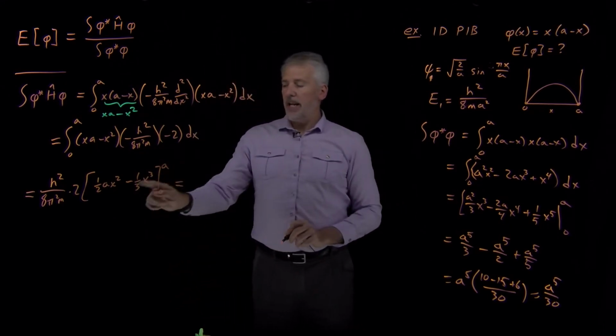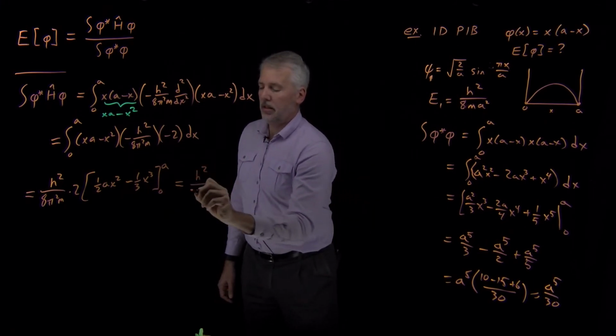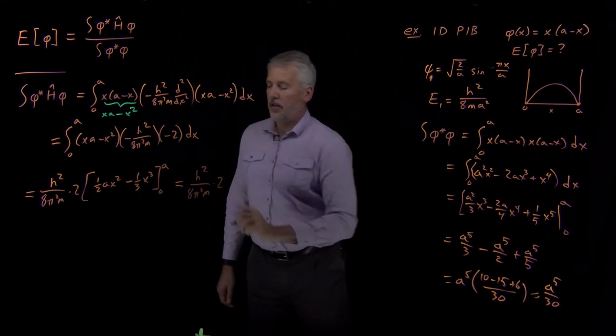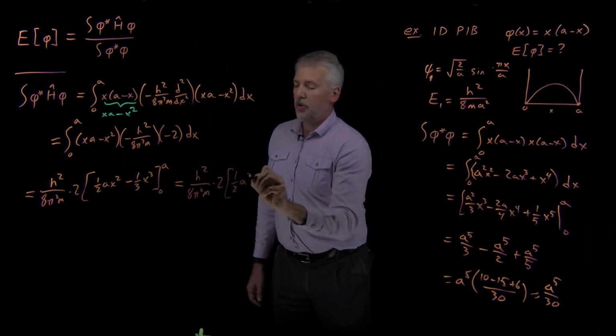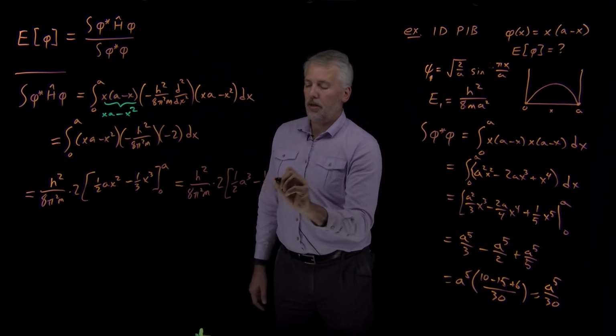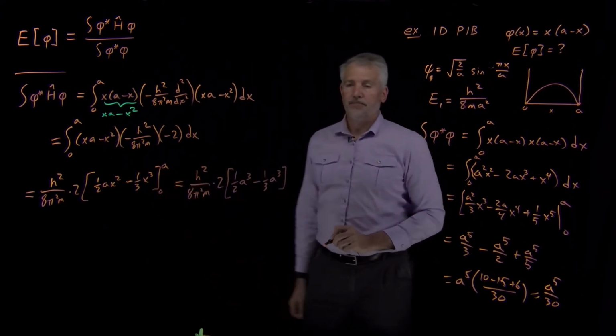If I plug in a's for my x's, I'll find, for the term in brackets, 1/2 of a cubed when I plug in a here, and then minus 1/3 a cubed when I plug an a in for the x right here.